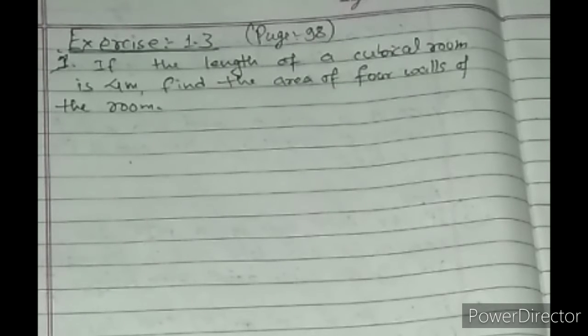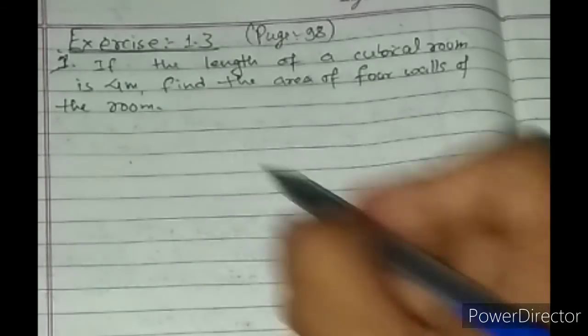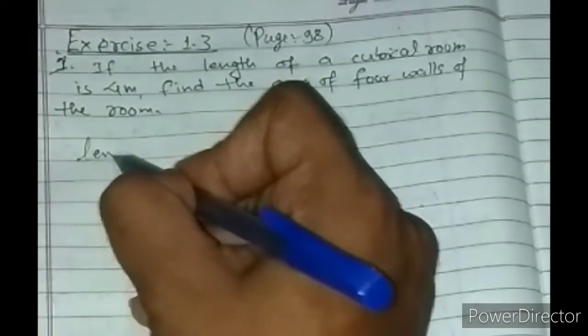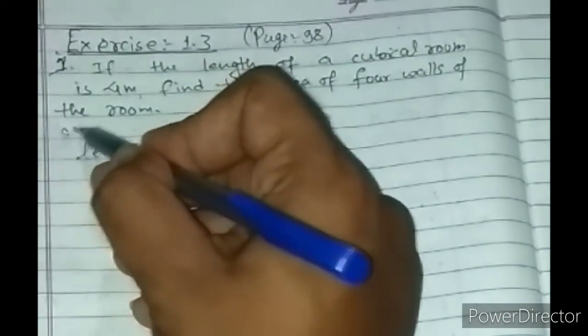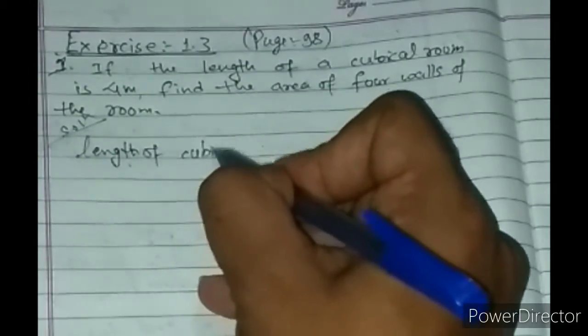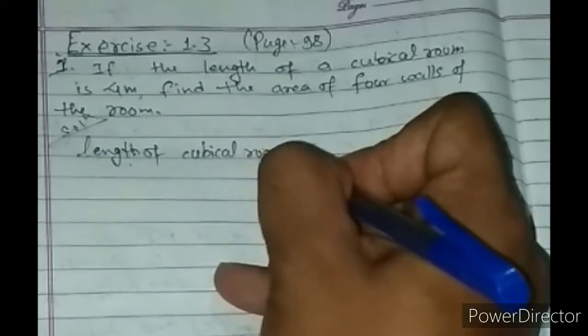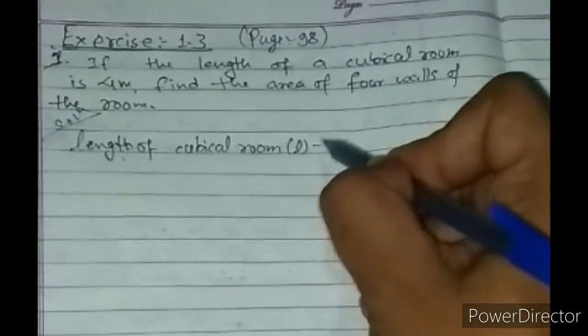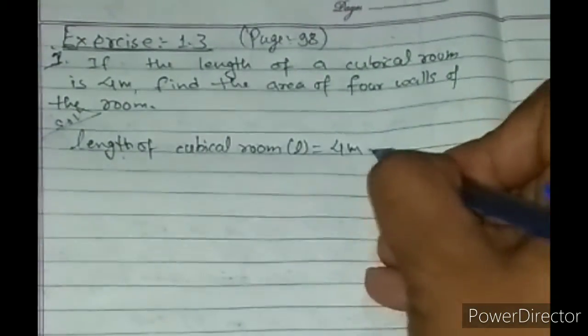If the length of the cubical room is 4 meter, find the area of four walls. Now, length of cubical room, L is given 4 meter.